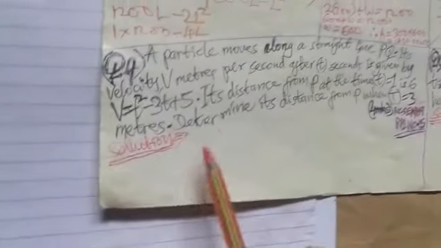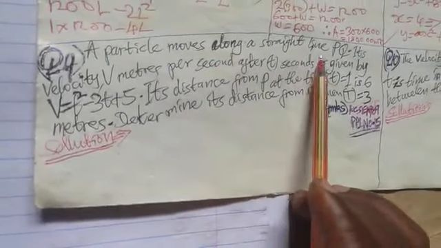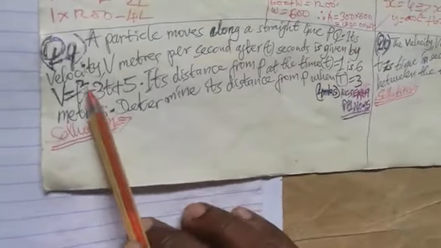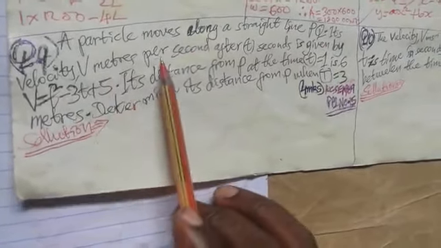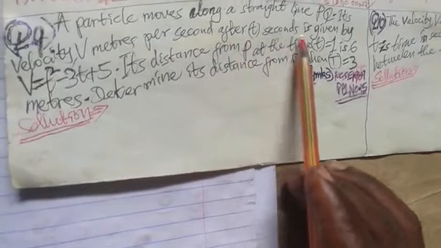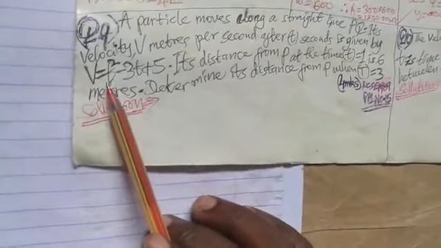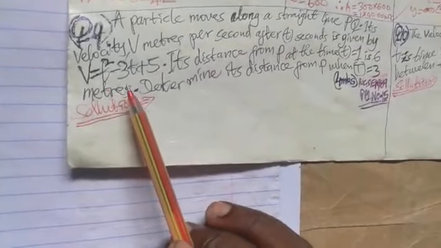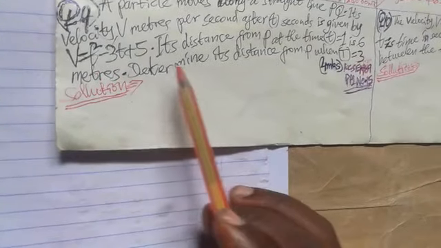So we are going to question number 9. Question number 9 states that a particle moves along a straight line PQ. Its velocity v meters per second after t seconds is given by v is equal to t squared minus 3t plus 5.